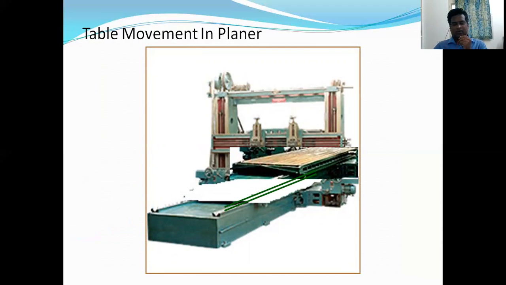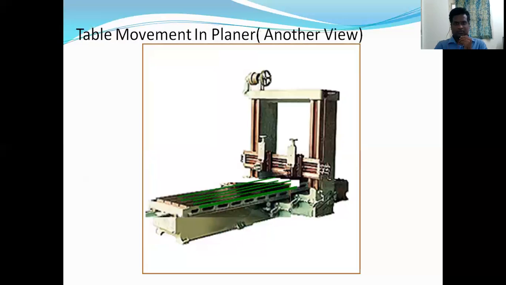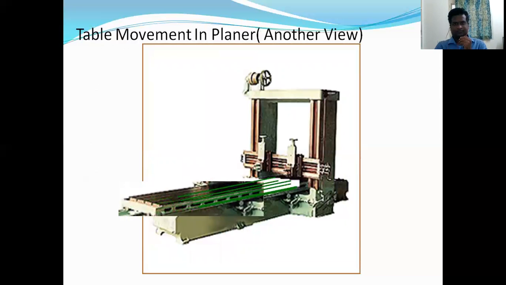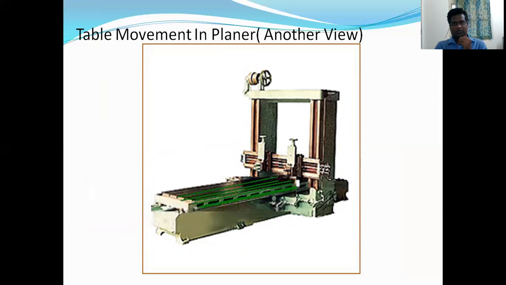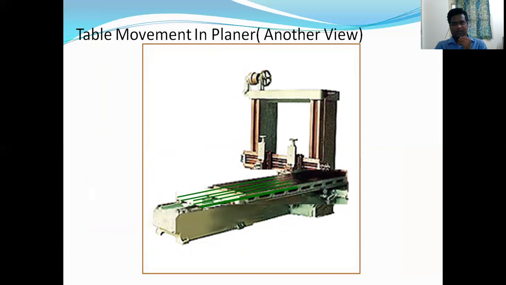So with the movement of the table, the workpiece is moving, and the cutting tool is doing the manufacturing, okay? That has been observed in the animation. In this animation also, we have observed the table movement of the planer. The cutting tool is fixed at one position, as we have observed in the diagram.